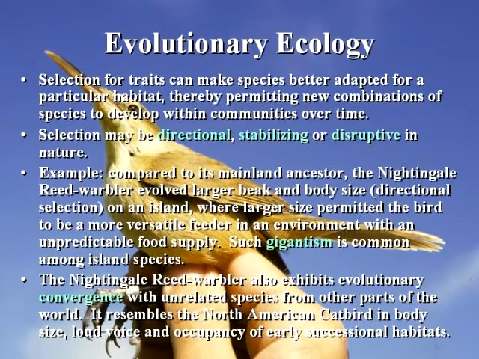We can ask ourselves, among those Eskimo curlews, which traits, long beak, short beak, which one would give an individual the greatest advantage in survival from one generation to the next?